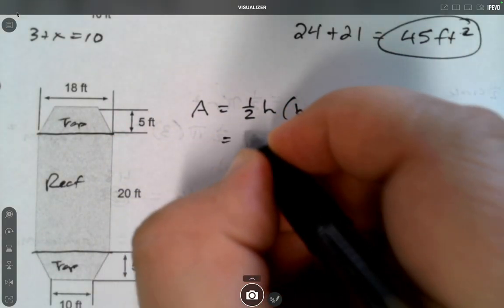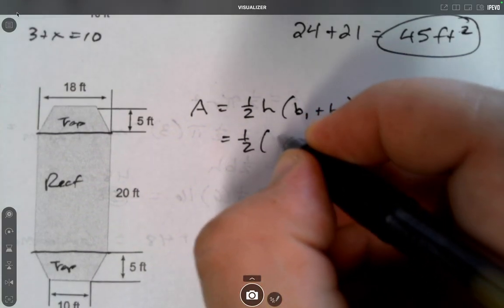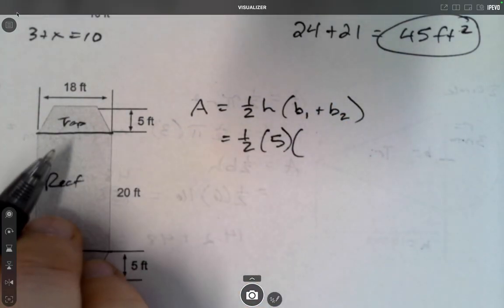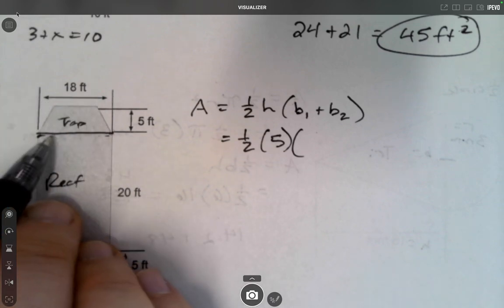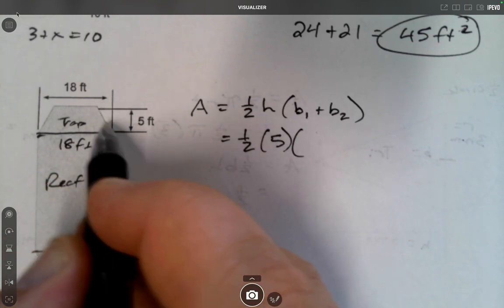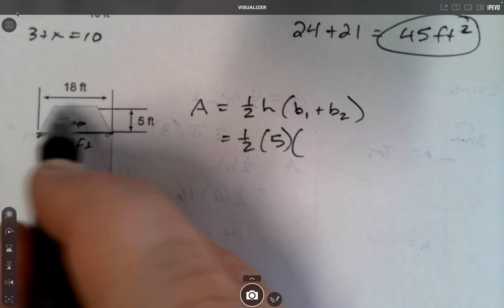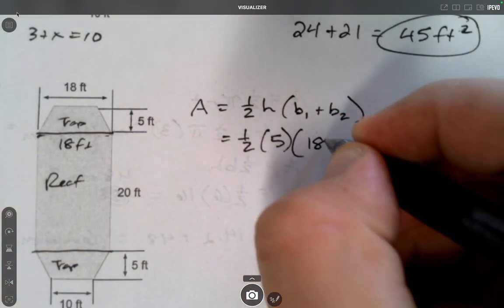Okay, the height of the trapezoid is right here. It's the 5 feet. And okay, base 1, if we call base 1 the bottom, you see right here, it says 18 feet covers this whole thing. So that's why they got these lines drawn to make sure you know 18 feet is not the top part, it's what would be the bottom of the trapezoid. So we'll call that base 1.